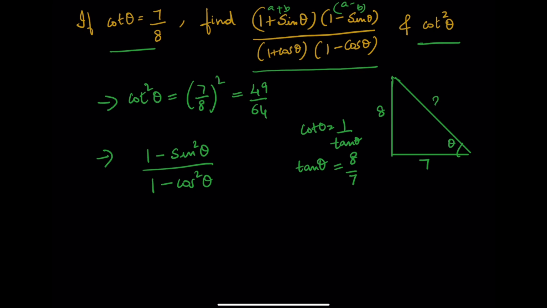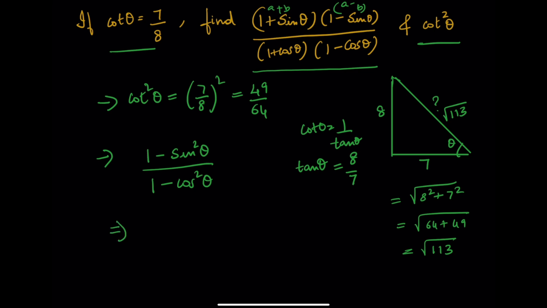What will be the value of the hypotenuse? It is the square root of 8 square plus 7 square, which is 64 plus 49, which is square root of 113. We don't have a whole number for the square root of 113, so let us retain it the way it is.